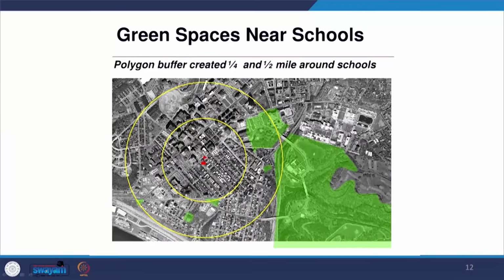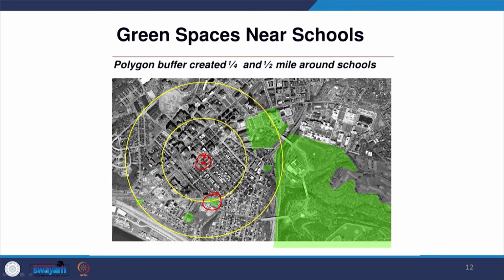Now, the green spaces, if we have to know what are the green spaces available near a particular site. So, for example, there are 2 polygons which are created at half a mile and a quarter of a mile around the school. There is a location here at the center which is the location of the school, and we are creating 2 buffers in order to understand what are the green spaces near the school, how far is the green space.